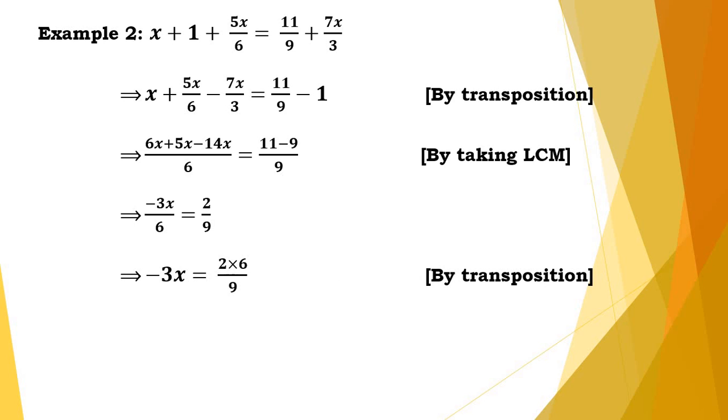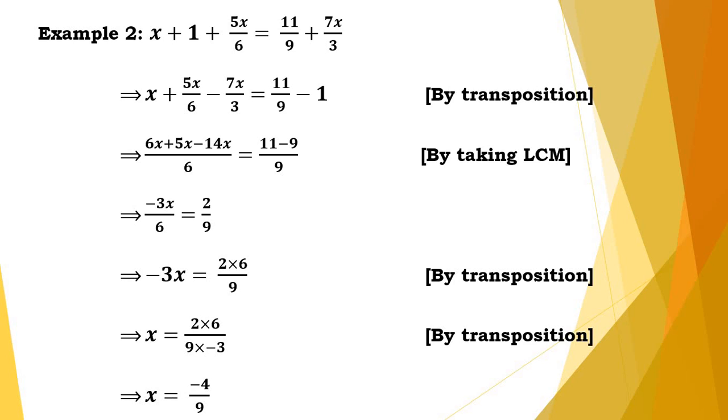So it will become minus 3x is equal to 2 into 6 by 9. Now we have to bring minus 3 also to RHS. Here a multiplication sign is there, so when it comes to RHS, it will become a division sign. So we will write it like this: 2 into 6 divided by 9 into minus 3. And when we solve it, we will get x is equal to minus 4 by 9.